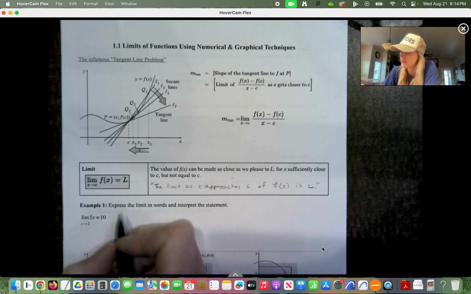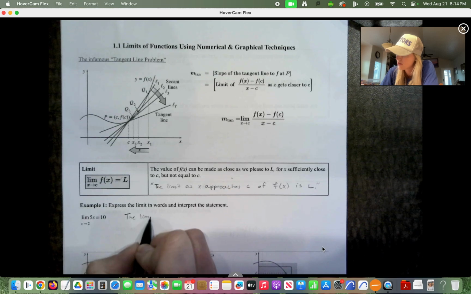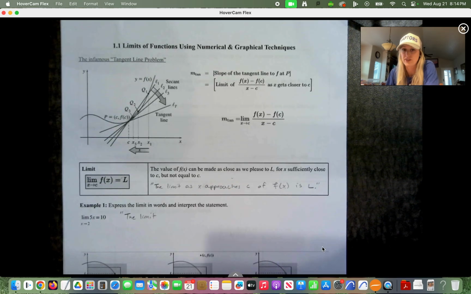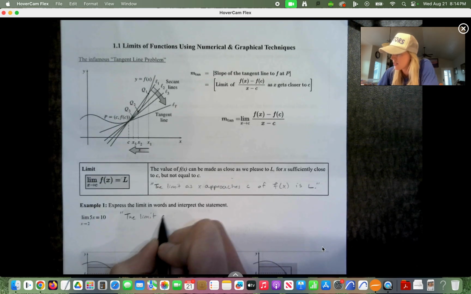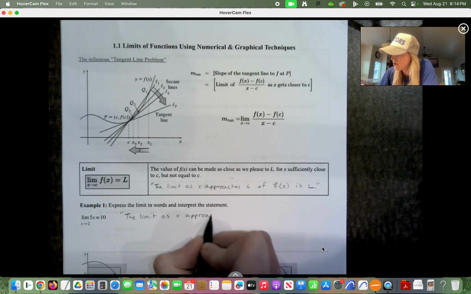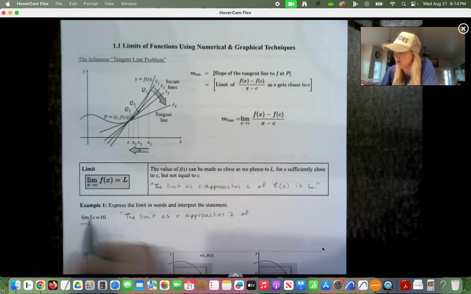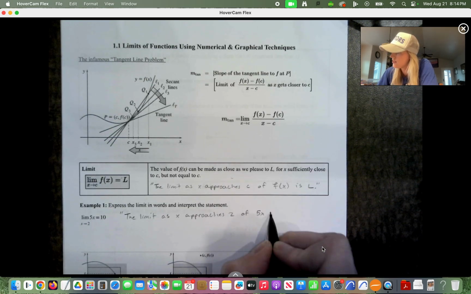Okay, so I could say this as, in quotes like I'm saying it: the limit as x approaches 2 of, and our function in this case is 5x, is 10.